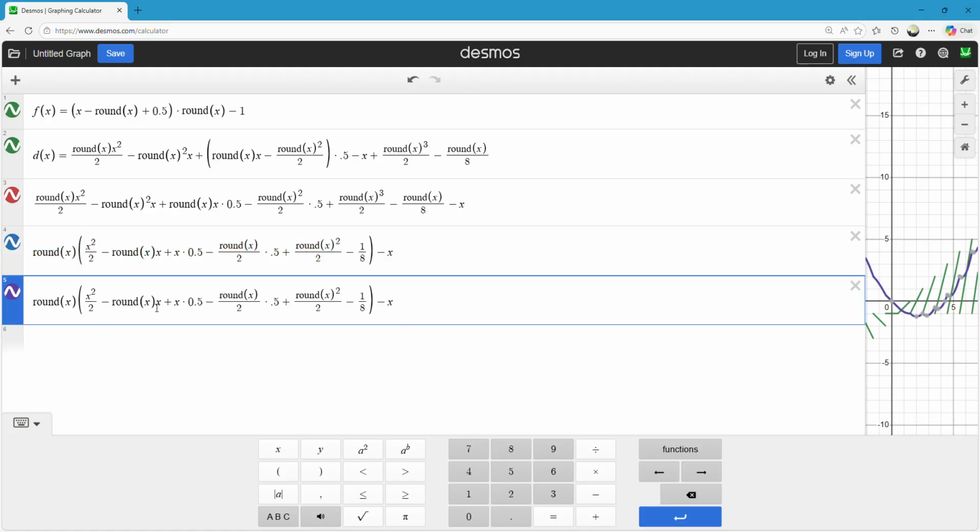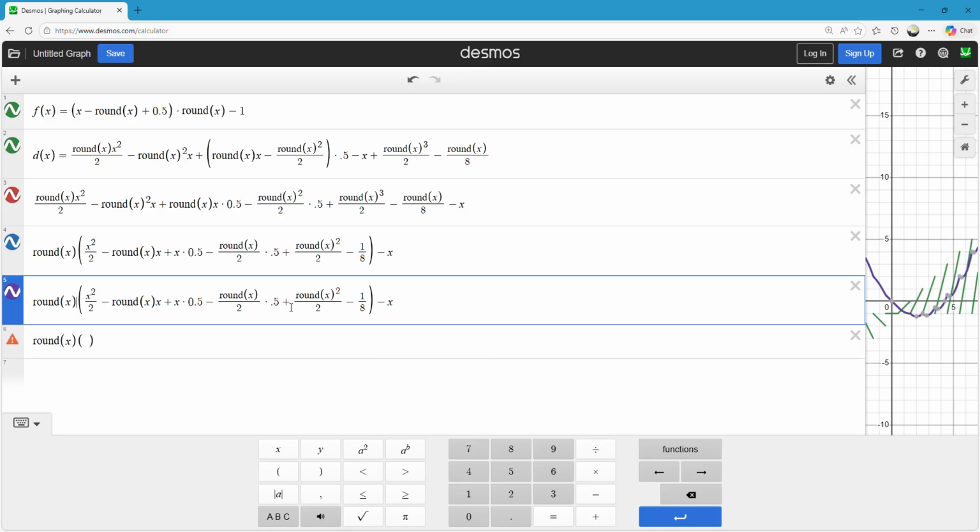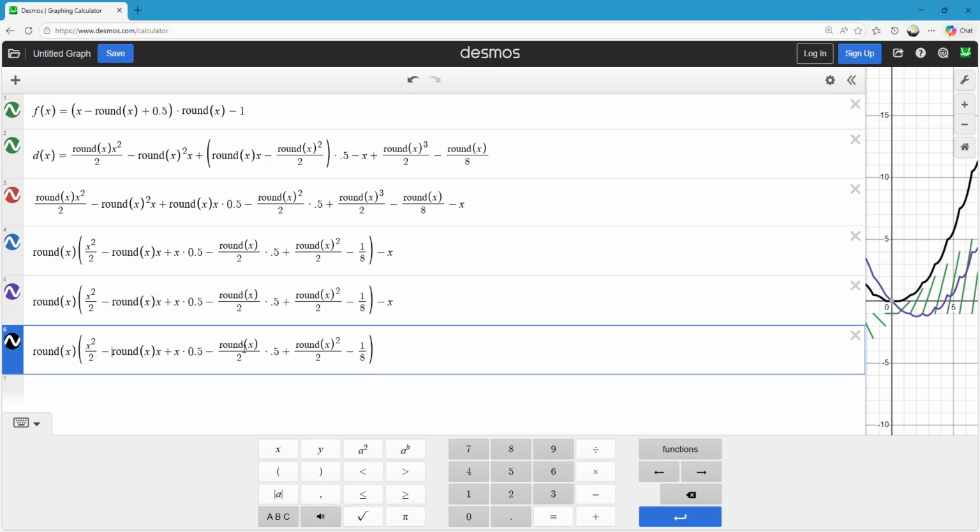Let's see, x, x, x, that's still around, that's still around, and that's just a plain x. X, we'll go with this to this one.